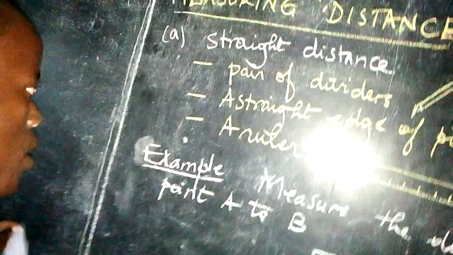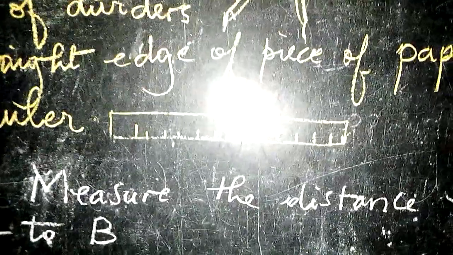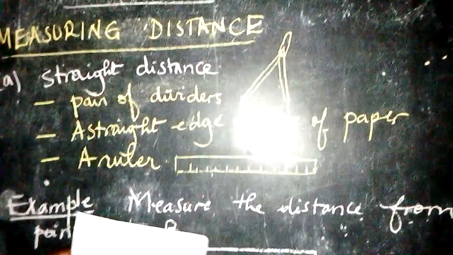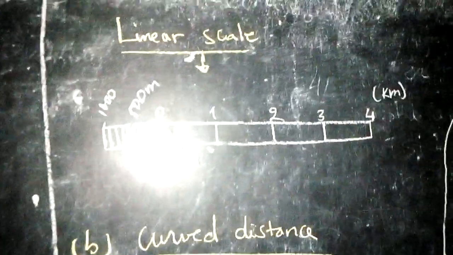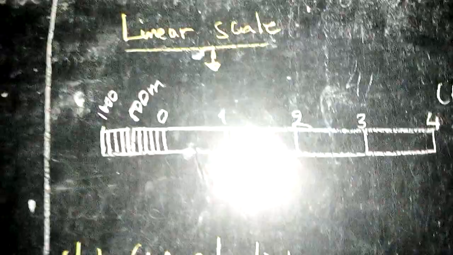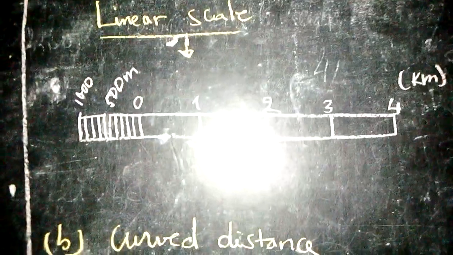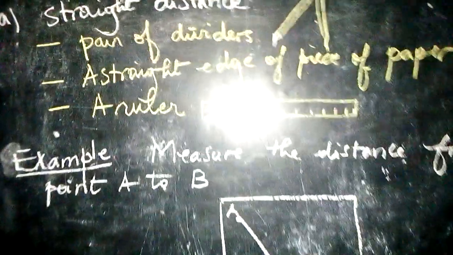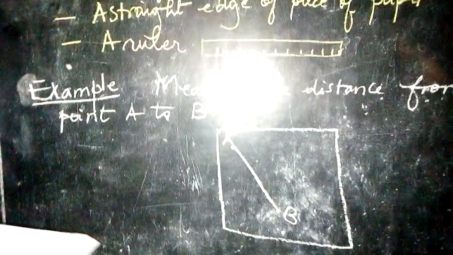And we also have a ruler, which can be used to measure a straight distance. All that is measured using these tools is brought to the linear scale, because the linear scale helps us determine how long it is from one place to another. We have one example that will help us understand how to determine a straight distance.